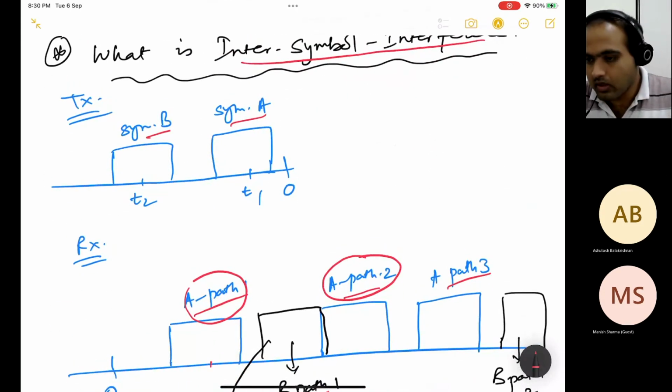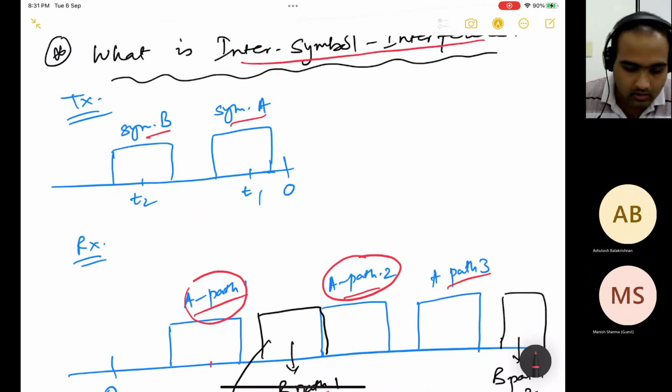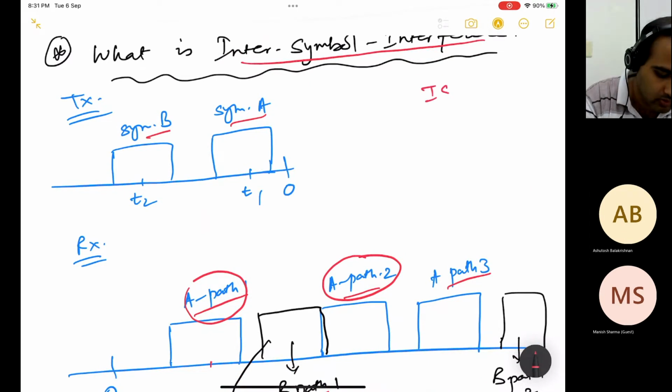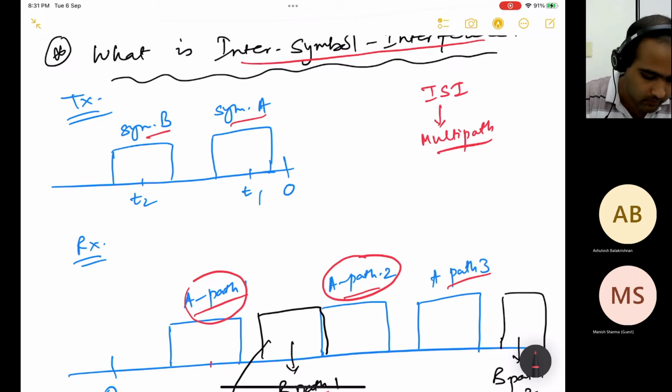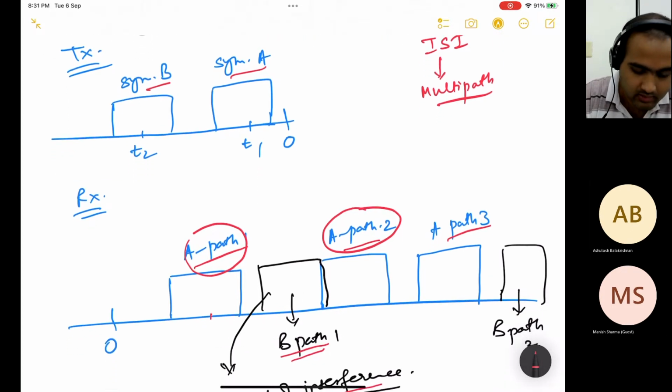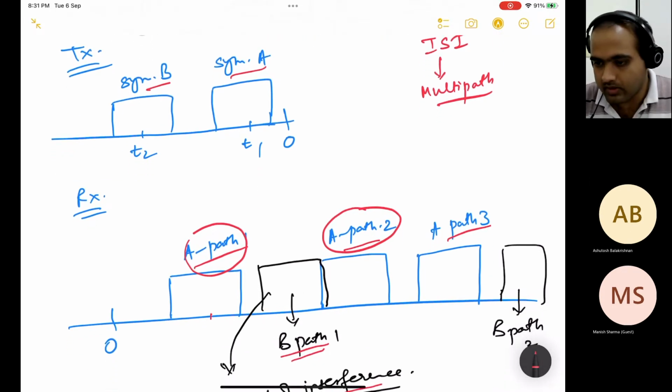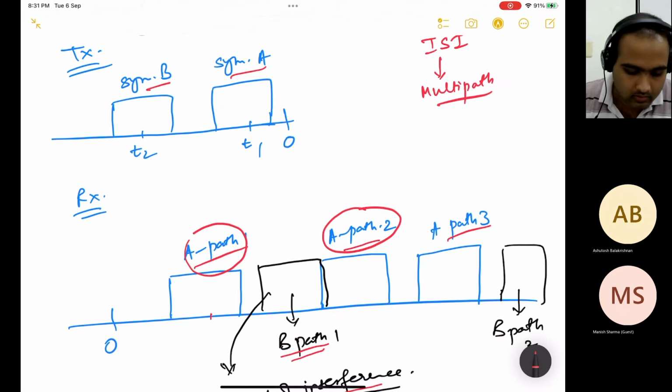We saw in the last class what intersymbol interference is. It is because of multipath in the channel, and it results in the merging of symbols.